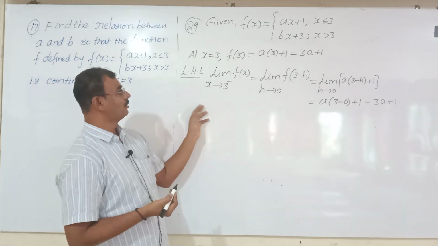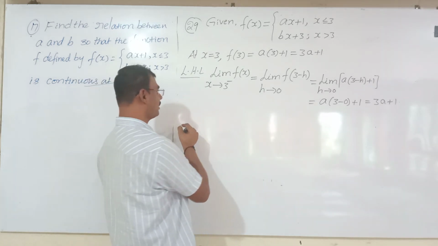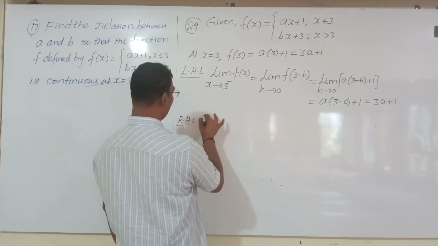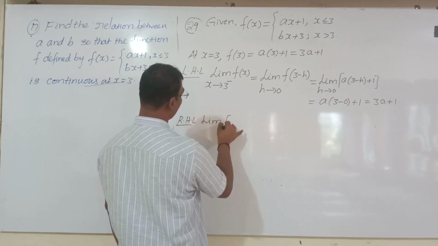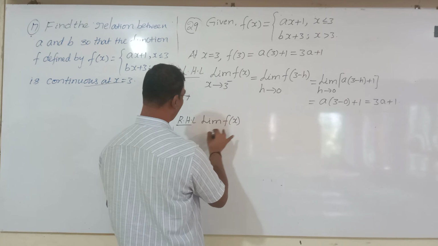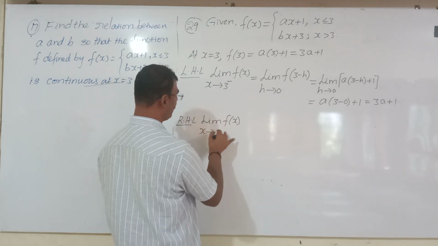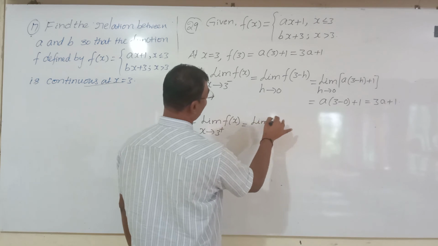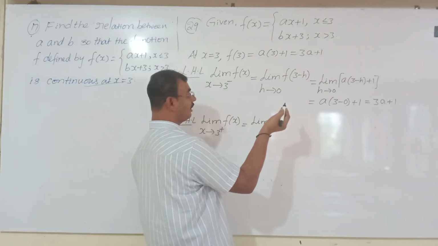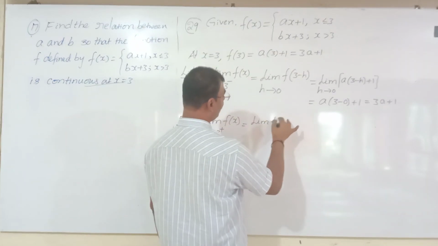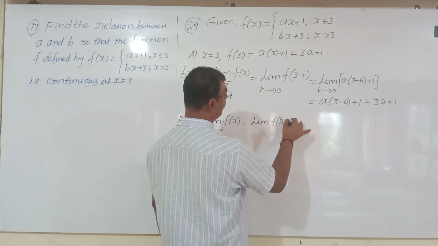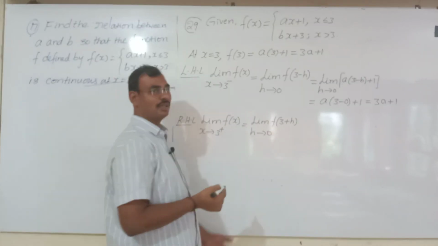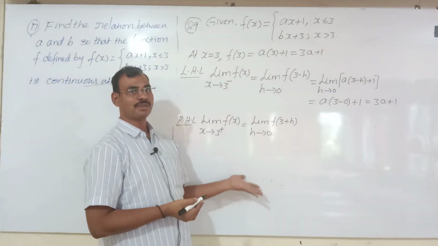Then similarly we have to find the right hand limit. The limit of f of x as x approaches 3 from the right is written as the limit of f of 3 plus h as h tends to 0. Same method as in the number of questions we did.